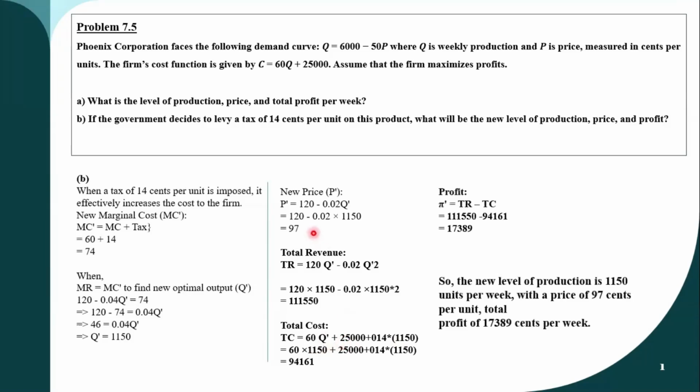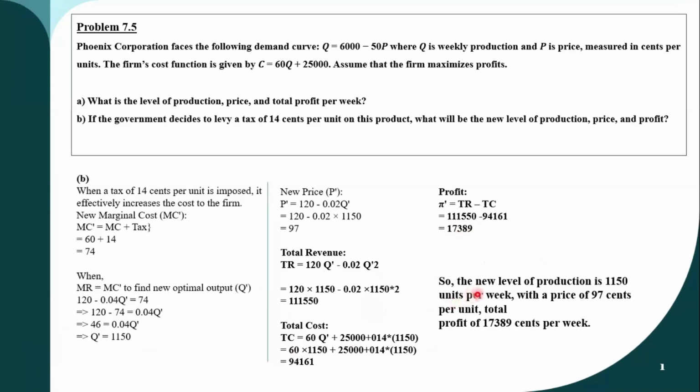If we put in the value of Q, then we can also find the value of TC, the total cost. Once we find TR and TC, we can also find the profit function, which means total revenue minus total cost. If we put in the values, 111,550 minus 94,161, then we see the profit is 17,389.